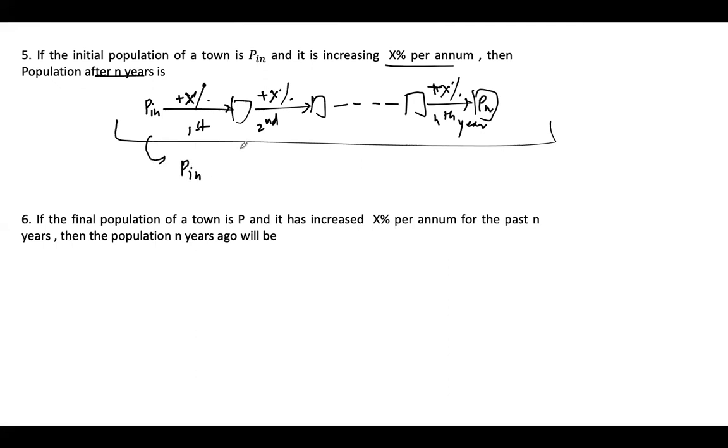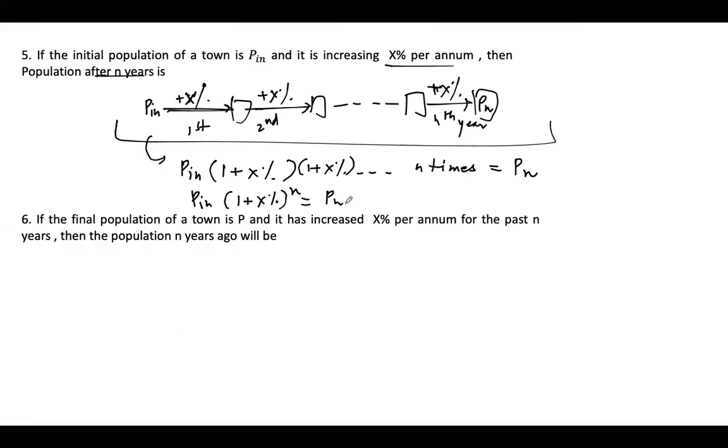So P into 1 plus X%, 1 plus X%, and so on, n times, is equal to the population after n years. So P into 1 plus X% to the power n is equal to the population now. So the population now would be the initial population into 1 plus X% to the power n.